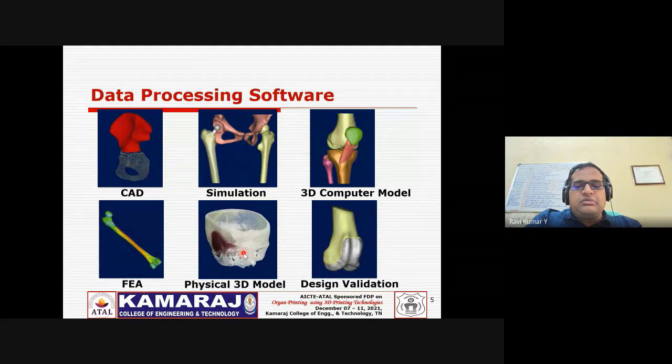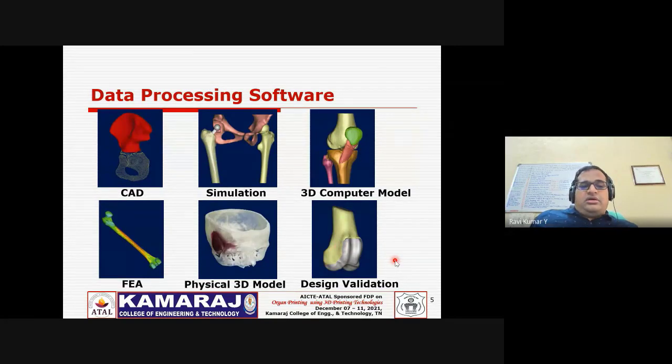It may be a diagnostic model, or a pre-planning model, or you can use it to rehearse the surgery, or you go to the next level of application to design an implant, a prosthetic, or a device as a surgical aid for your surgeon. You can do that based on your requirement. And sometimes you do a design validation, so the design validation should also be done.